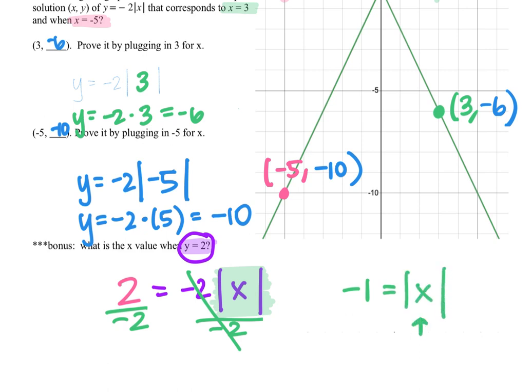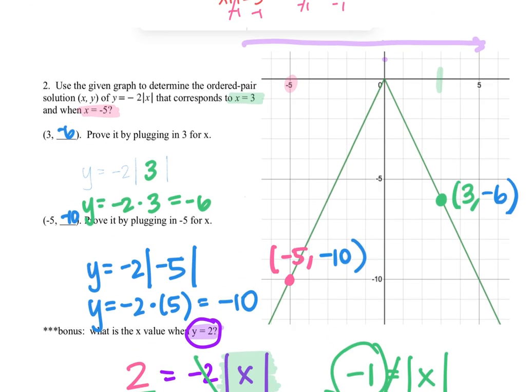But if you remember, this is a length. And what length in the world is equal to -1? There isn't one. If you remember, once it's isolated, look at the other side, and if it's negative, there's no solution. And you can see in the graph, there is no solution. There are no x's when y is 2 with this graph.